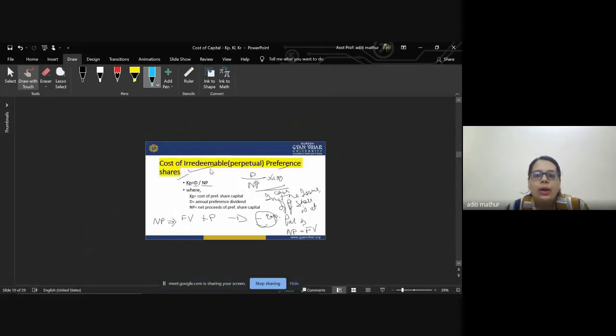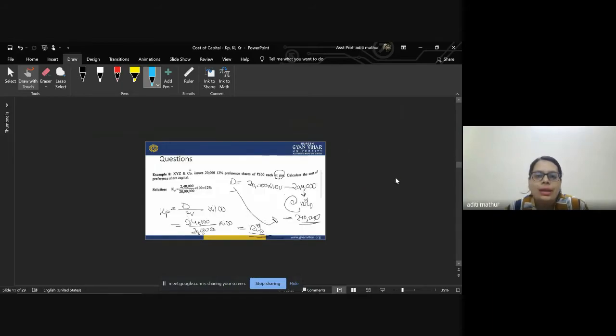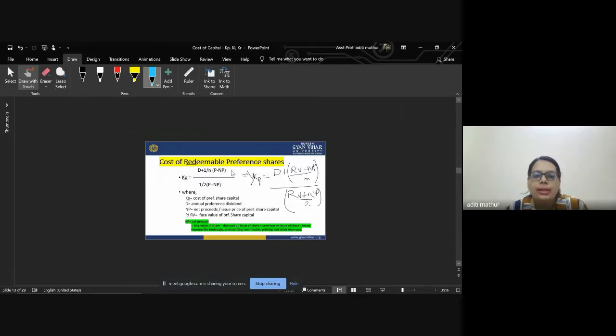To calculate the cost of irredeemable preference shares, this is the formula: D divided by NP into 100. To calculate the cost of preference shares when it is redeemable, this is our formula: D plus RV minus NP divided by 2, whole divided by RV plus NP divided by 2.